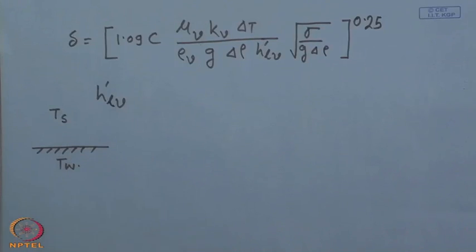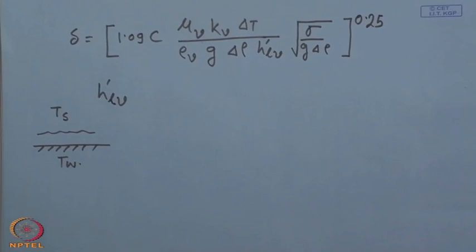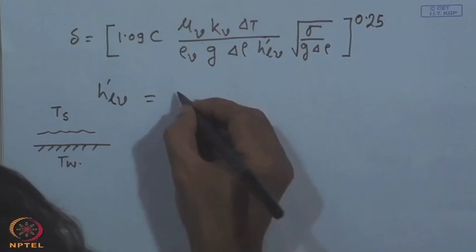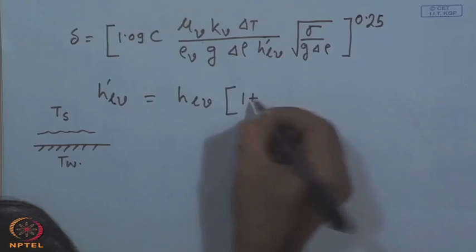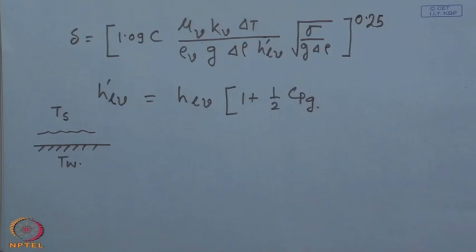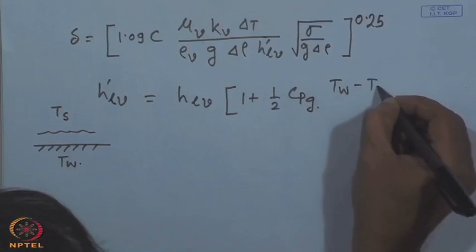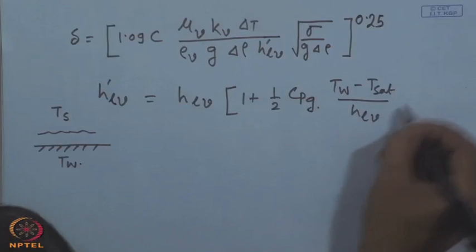So, there could be a certain degree of superheat for the vapor. The vapor need not be at the saturation temperature. So, there is a way of calculating it. This will be HLV times 1 plus half Cpv, the specific heat of the vapor, times T wall minus T sat, divided by HLV.